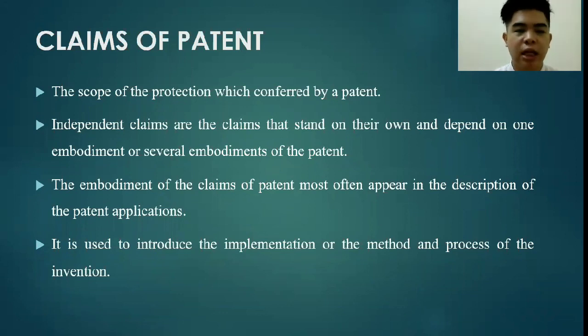So basically, independent claims are claims that stand on their own and depend on one embodiment or several embodiments of the patent. The embodiments of the patent claims most often appear in the description of the patent application. It is used to introduce the implementation of the methods and processes of the invention.